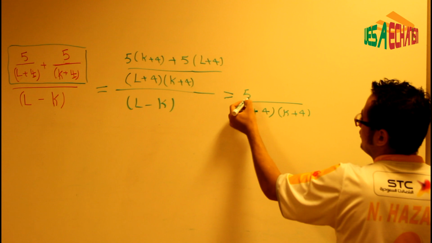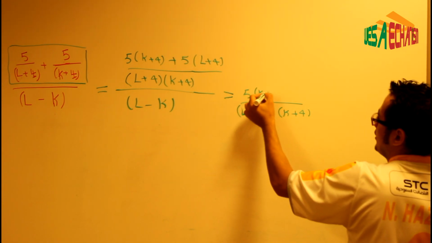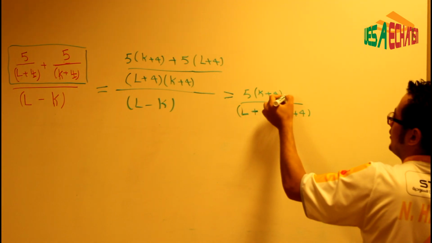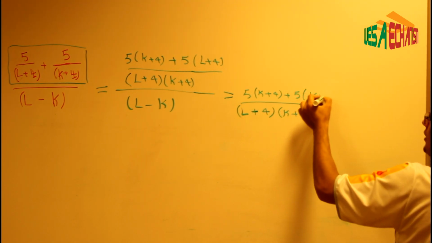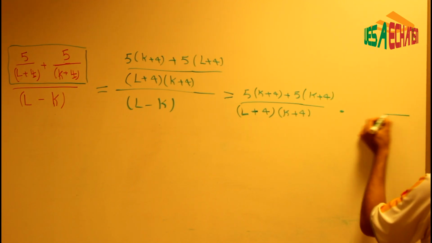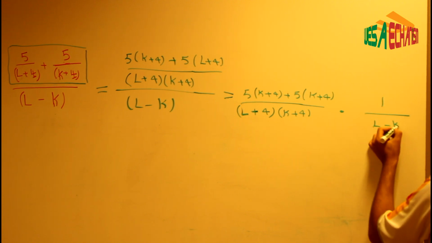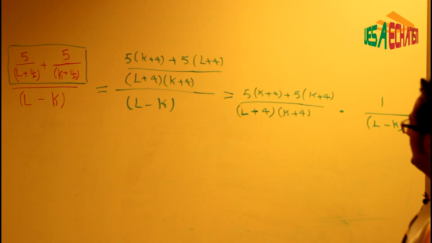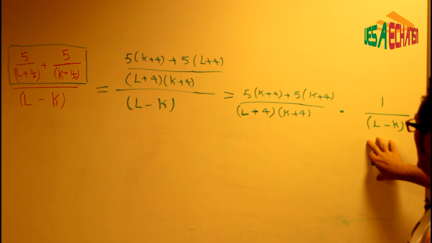In here we have 5 K plus 4 plus 5 L plus 4 multiplied by 1 over L minus K. Okay, this is what we have right now at the moment.